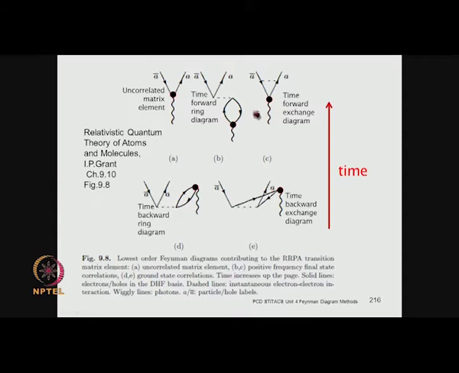So, you need a consistent theory, and what you do in the RPA or the relativistic random phase approximation is to take into account all the time forward diagrams. So, here you have got the interaction taking place at this vertex, you have got a ring diagram, this is the direct term, this is the exchange term, here this is the time backward ring diagram.